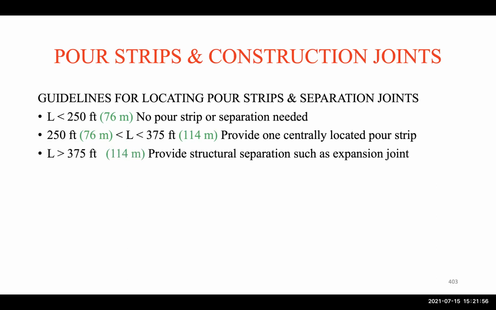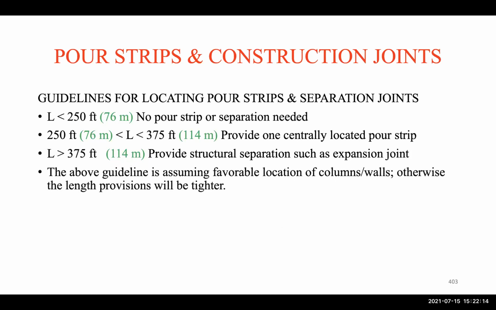If it's between 250 and 375, then provide one centrally located pour strip. And if it's more than 375, then we need to provide a separation such as expansion joints. So these are rules of thumb that can be used for the slab that you are designing.